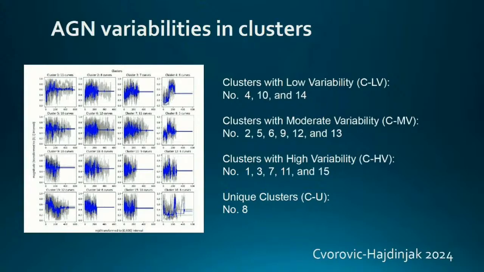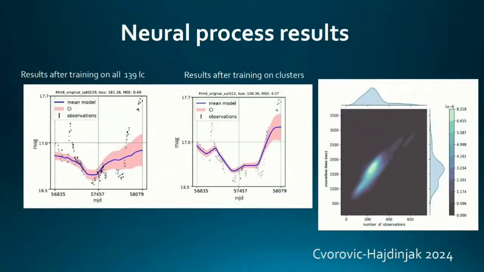And once you apply a neural process tool that is part of the Serbian in-kind contribution, you can see the results after training on certain clusters. On the left plot, you can see it on all light curves, and the second plot after separating into different clusters.